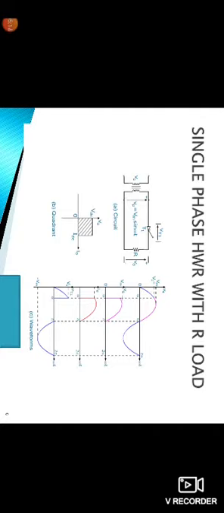Whenever it is turned on, it is indicated with angle alpha, and only then does the output voltage start. When the firing angle is applied, the SCR moves from the non-conducting state to the conducting state, so the waveform is indicated from firing angle alpha to pi.